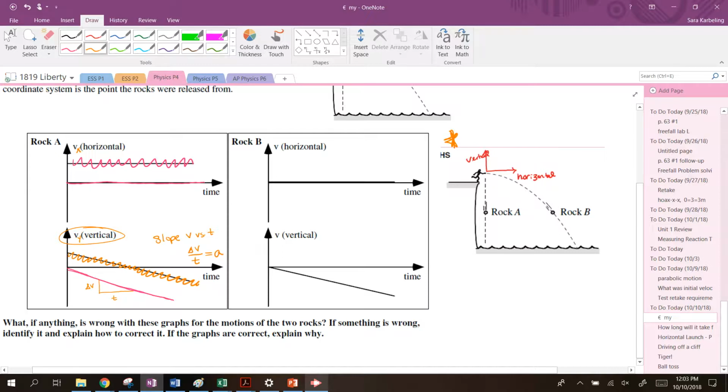Okay. This graphing business is not going away because it's so important. So there is no acceleration in the x direction. It's not speeding up or slowing down.